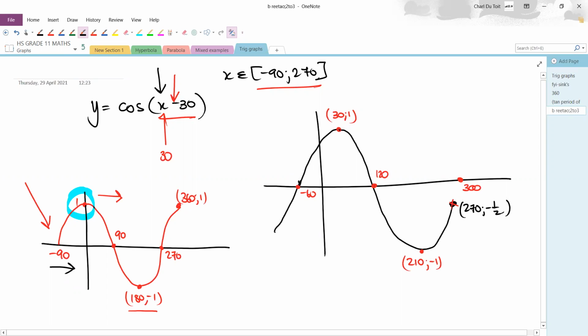Somewhere there. Okay. Now I'll just go back and type in the x place, I type in a negative 90. And I'm going to get negative half. So negative 90 and negative half. There's the graph. It moved 30 degrees to the right.